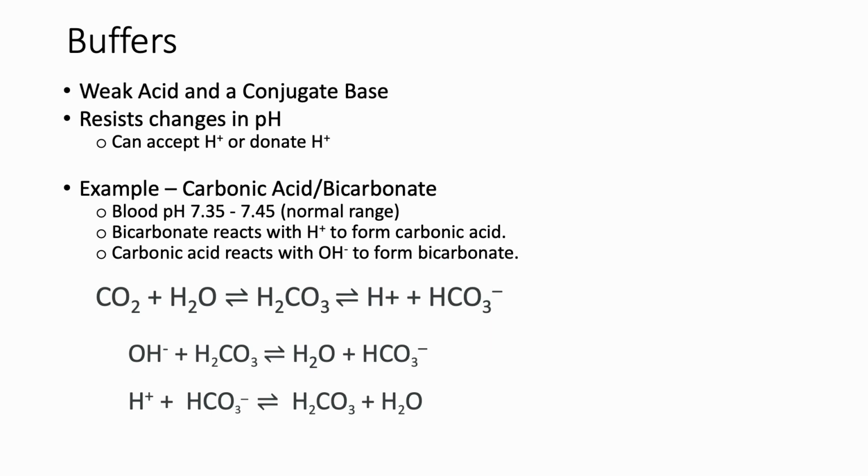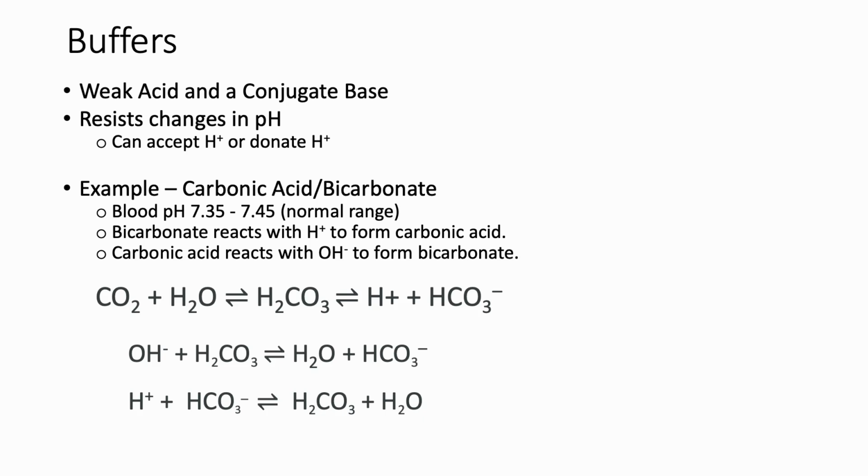All right, so a buffer is a combination of two things. There's a weak acid and what's called its conjugate base. And they work as partners, and the purpose for a buffer is to resist changes in pH. So in other words, if we want a stable environment like we want in our blood, then the buffer is going to resist any kind of large fluctuations in pH.